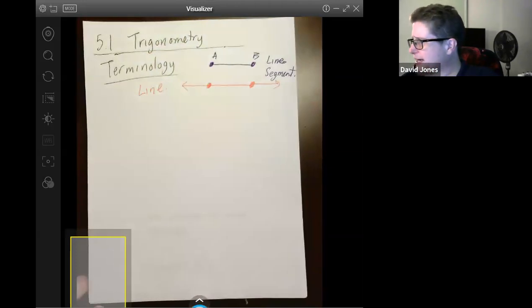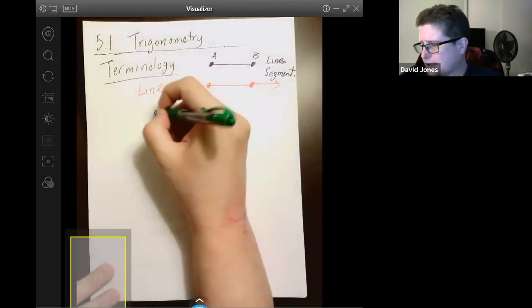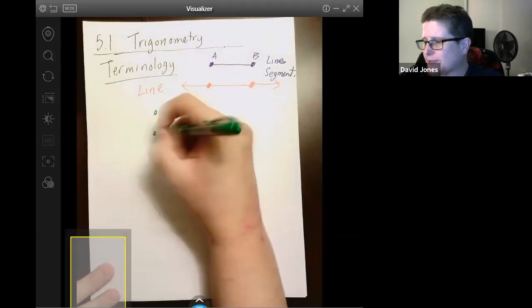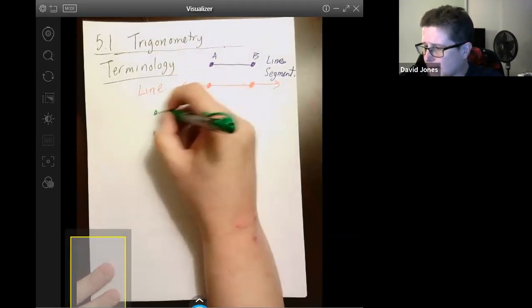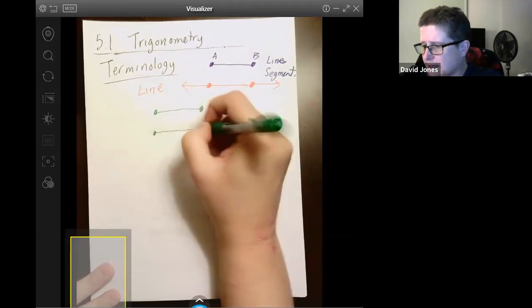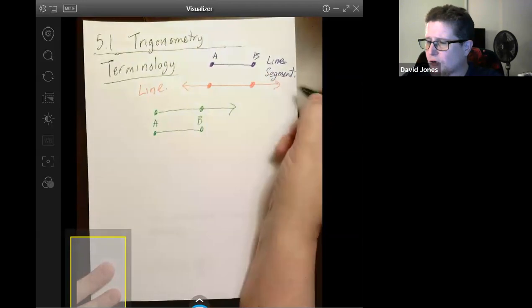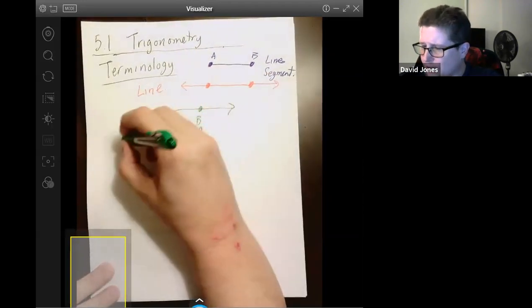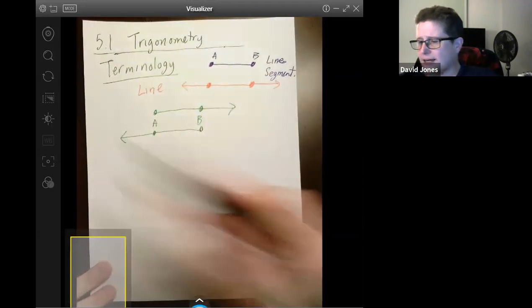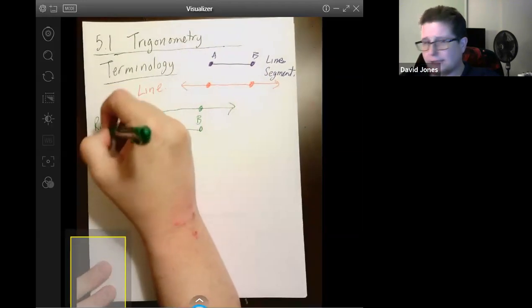And then if we have a line segment, I'm going to do 2 of them. The left side is point A, the right side is point B. If the arrow only goes to the right or the arrow only goes to the left, these are called rays.